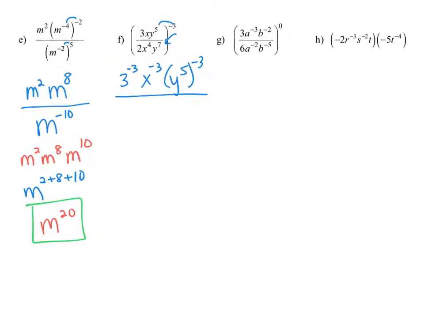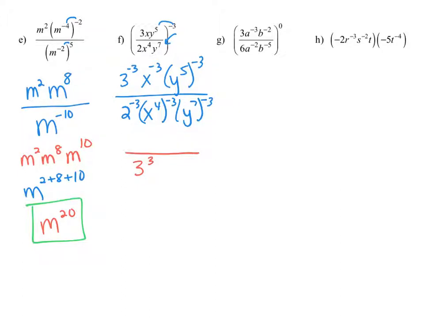In the denominator, I'm going to raise all of the terms in the denominator to the negative 3 power, so that's 2 to the negative 3, x to the fourth to the negative 3 power, and y to the seventh to the negative 3 power. Now I can rewrite this. The 3 to the negative 3, I can put that in the denominator to make it 3 to the positive 3 power.